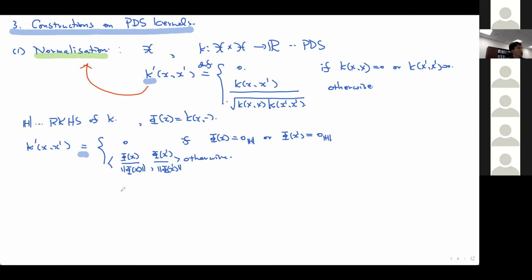But what this equality really suggests is that what's going on in K prime is just a change of the feature map. Originally we have a feature map that maps an element x in the input space to the RKHS. But we are using a different map, called phi prime.